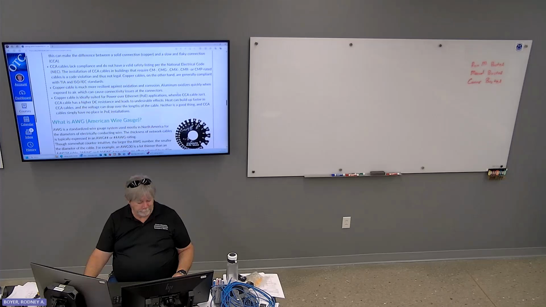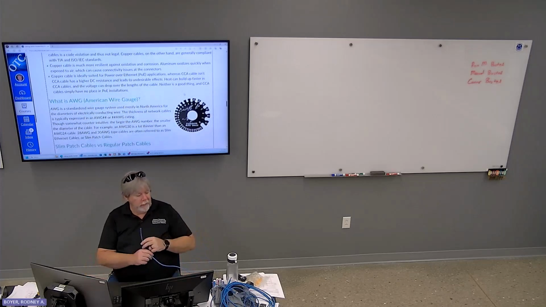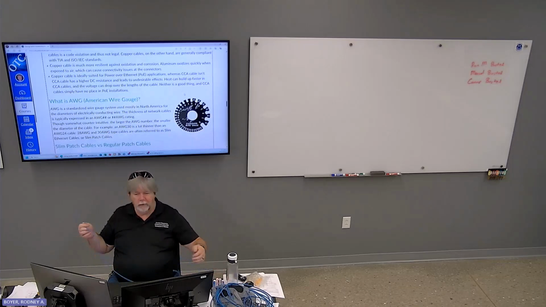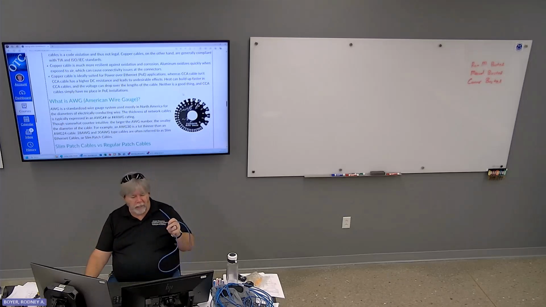American wire gauge, AWG. These are typically 24 to 22 gauge. You can buy even cheaper cables that are 28. Don't. They're not worth it. Spend the extra few pennies per foot of cable and get the good stuff.